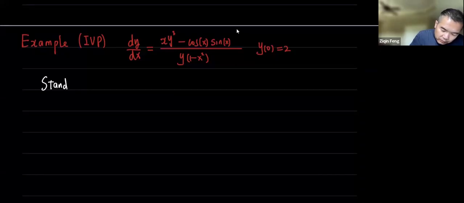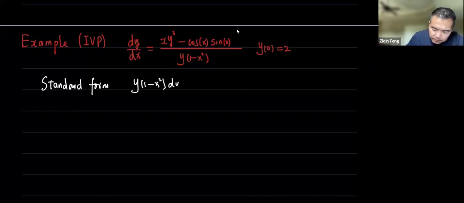Standard form of exact equation. You change it, you get y times 1 minus x squared dy minus x y squared minus cosine of x times sine of x dx equal to 0, right?